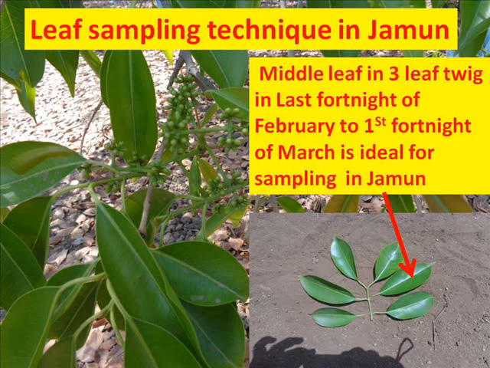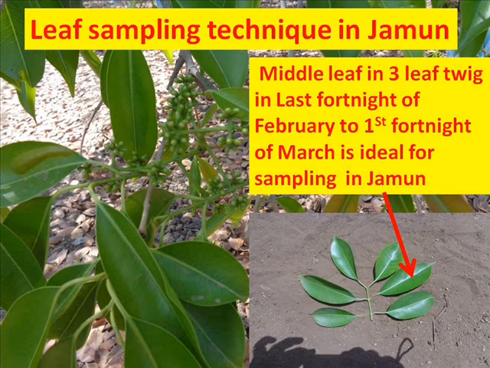There are early season, mid season, and late season varieties. Early varieties give fruits in the first week of May, mid season harvest in June, and late varieties in the last week of June or first week of July. Different varieties are there in our orchard, so it varies a little.